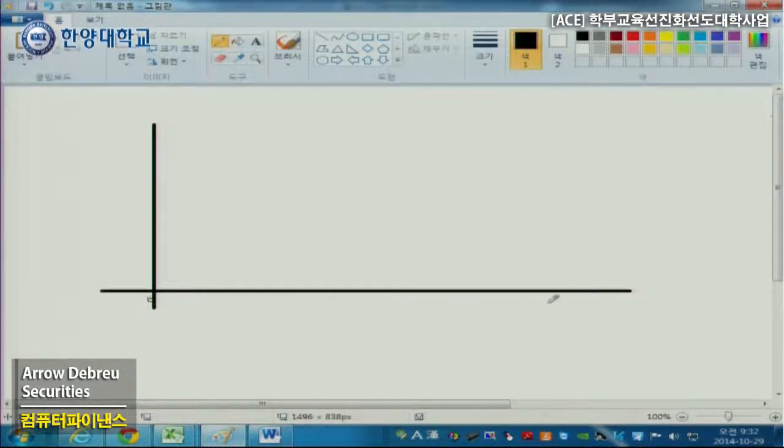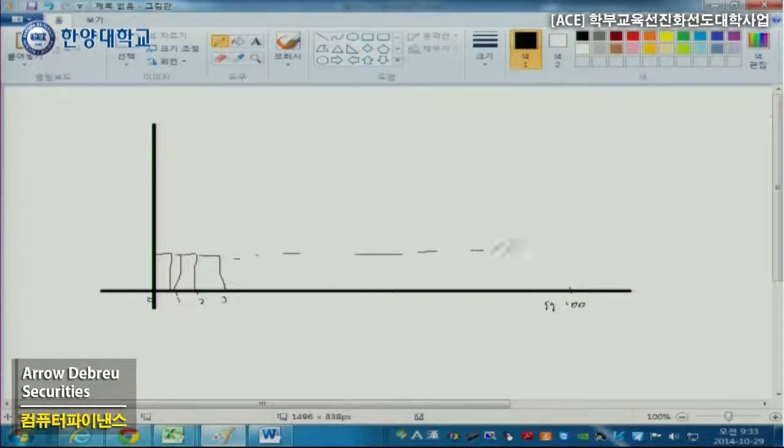From 0 to 100, I can make this 100 intervals, right? 1 to 99. Then I have this interval, and another interval, and this interval, something like this.